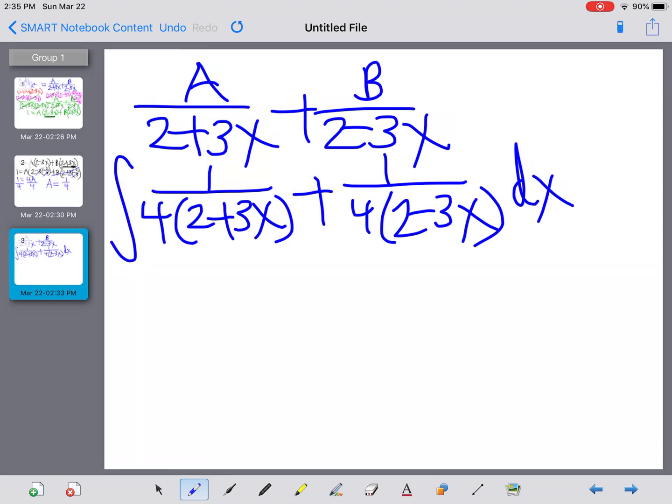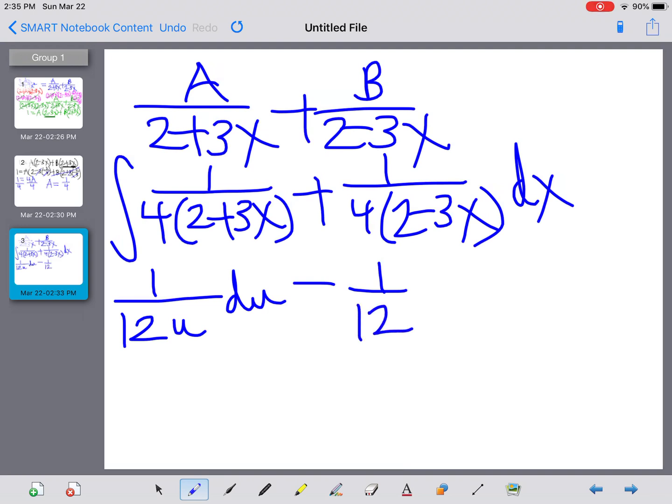So we had 1/3 du, so 1/4 times 1/3 is 1/12 du. The other substitution we had negative 1/3, so that will be 1/4 times negative 1/3, or negative 1/12, u again, du.